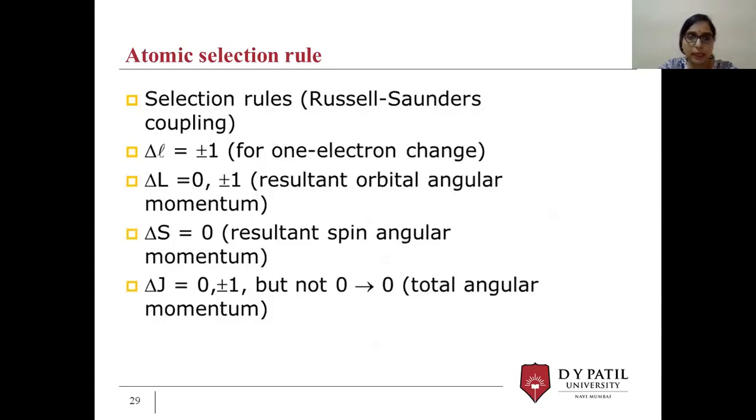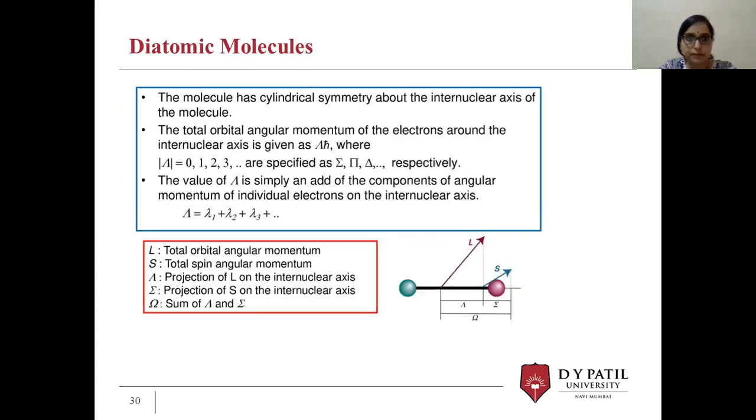According to this coupling, delta l should be equal to plus or minus 1 for a one-electron change only. Delta capital L, the resultant orbital angular momentum, should be 0 or plus or minus 1. Delta S, the resultant spin angular momentum, should be 0. Total angular momentum, that is delta J, can be 0 or plus or minus 1 only.